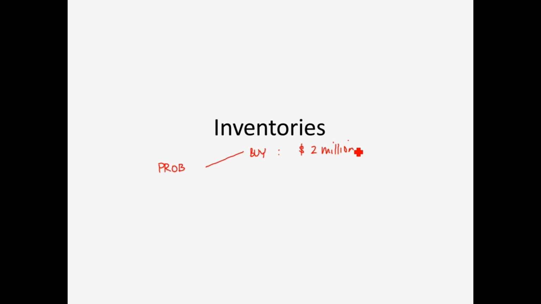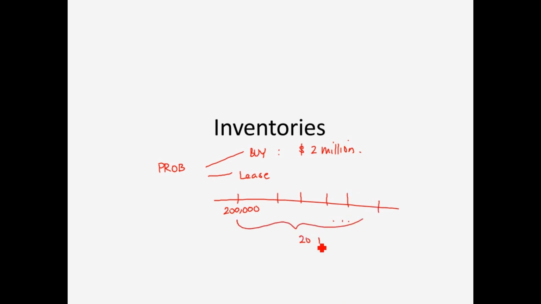There was lease 1, which was basically you start making payments immediately. $200,000, and you make 20 of those, so 20 payments. Now, in nominal terms, how much cash am I paying for that? $4 million.